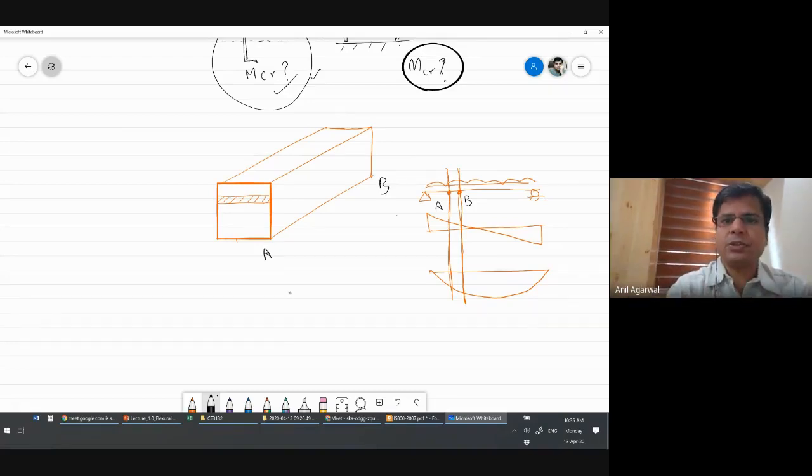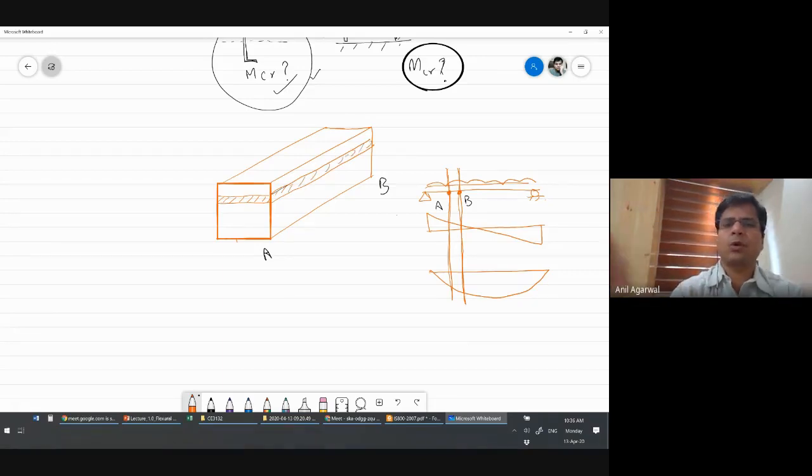The same strip that I had extends from A to B, and it exists at point B also.